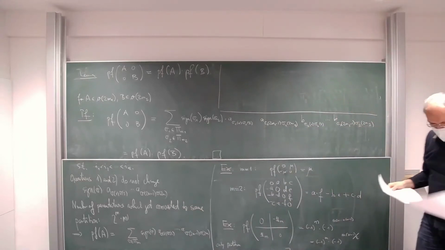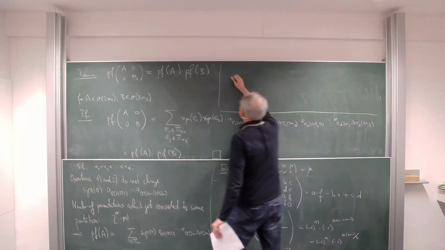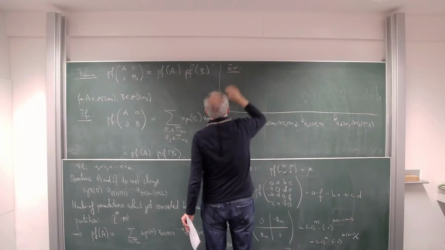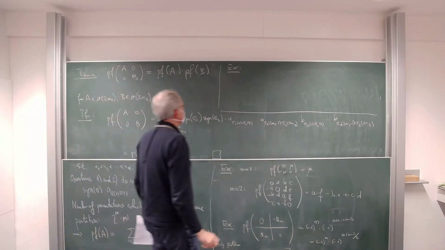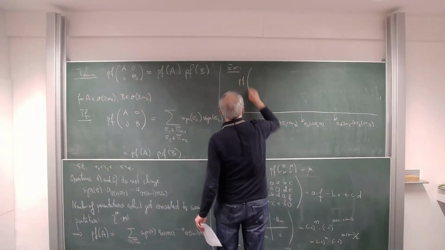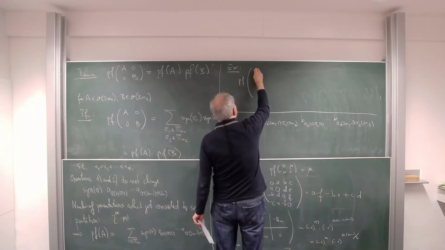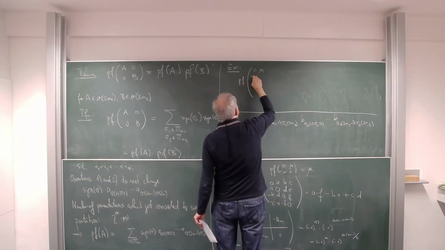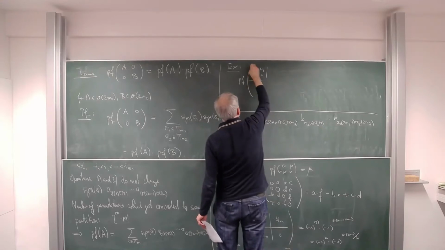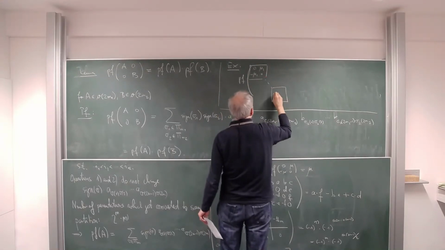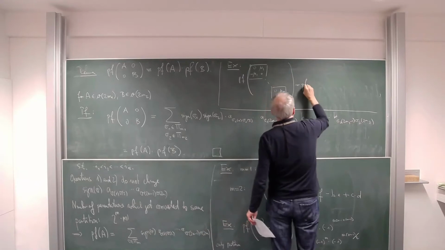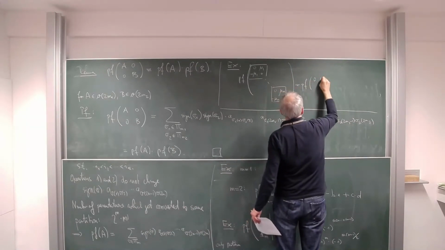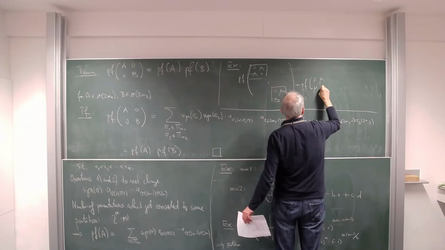So that's an observation. And this is useful, for example, we have seen that the normal form gives us a sort of block form for our matrices. So if we want to compute the Pfaffian of a skew-symmetric matrix in normal form, then we just have to take the product of the Pfaffians of the blocks by this lemma.